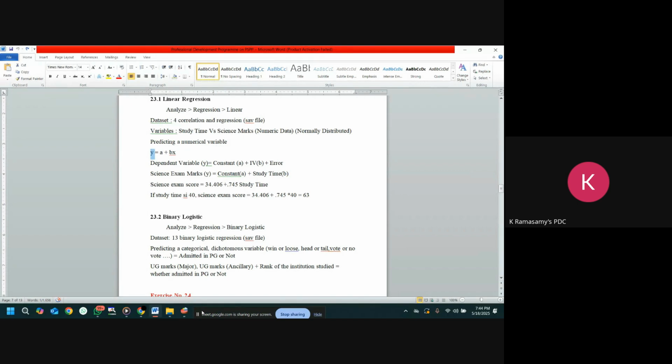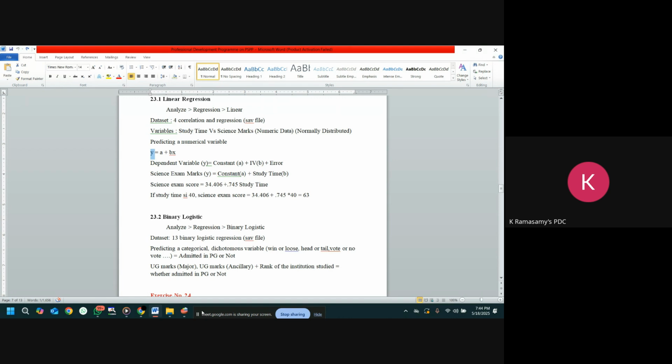First, we'll see simple linear regression. That is one dependent variable that you need to find out, and one predictor variable. Apart from that, you can have many variables that help you predict.